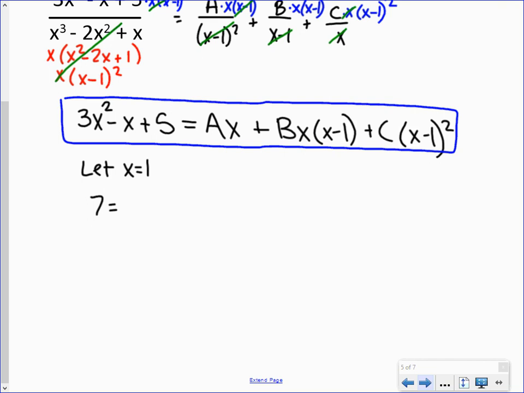And that's equal to 1a plus b times 1 times 0. I'll write these down. 1 times 0. And then plus c times 0. So we know a is equal to 7.